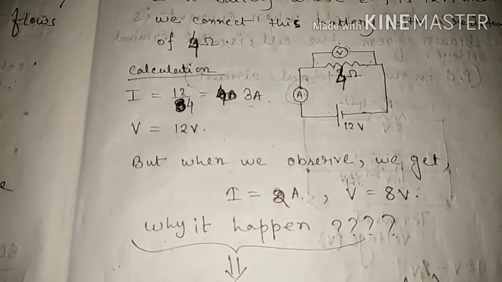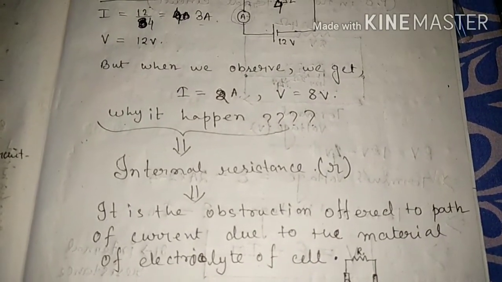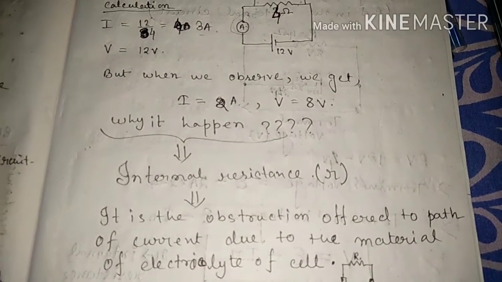This is called internal resistance. So how do we define it? It is the obstruction offered to the path of current due to the material of the electrolyte of the cell.